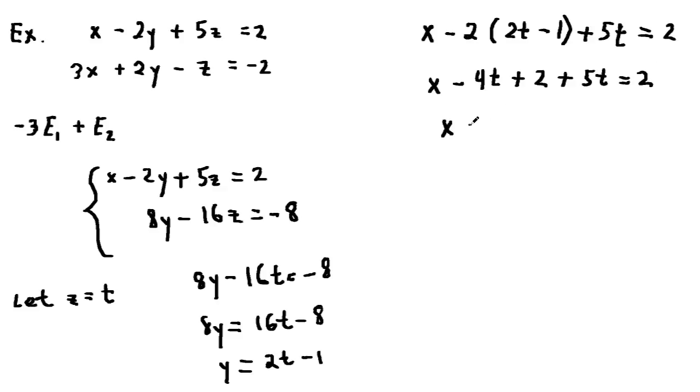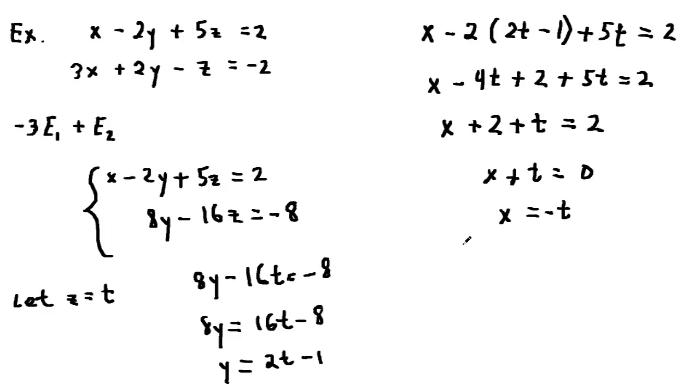So we get x plus 2 plus t equals 2. The 2's cancel out on each side. Subtract t from both sides, we get x equals minus t.